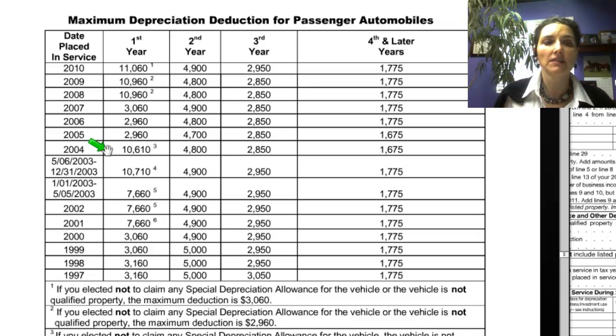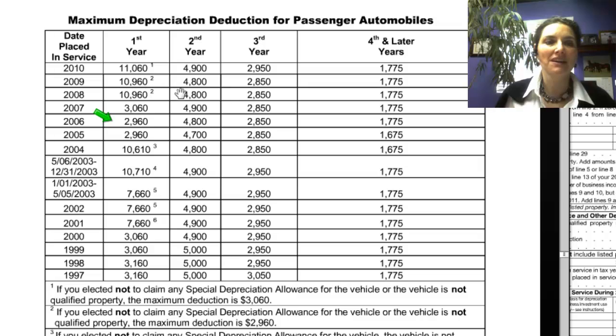But look at this. In 2004, it was back up at $10,610 again, and that was because bonus depreciation was in place in that year. But you go back in time to 2000, the limit was $3,060, and that's $100 higher than it was in 2006. So I really don't know what the method or madness behind any of this is. These are just the facts that you should be observant to.